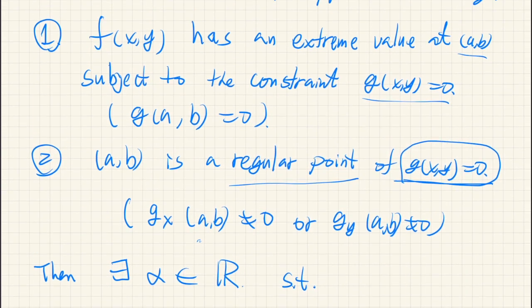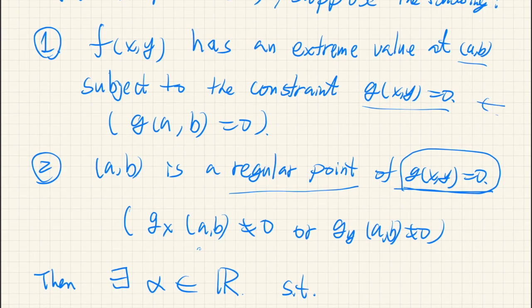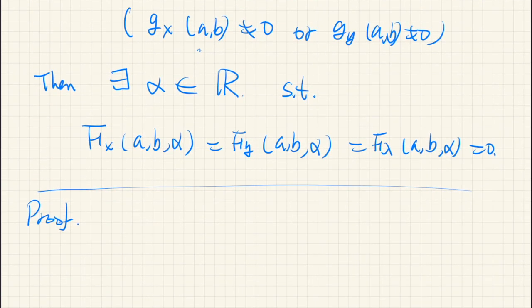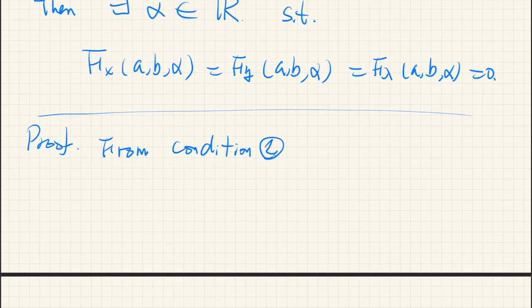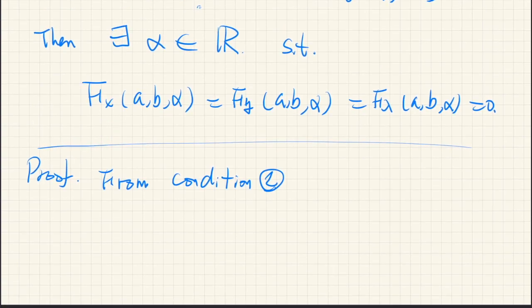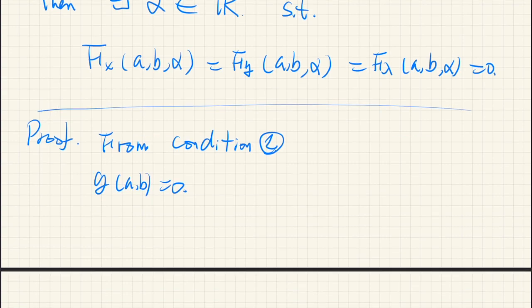First of all, from the first condition, we have g of AB is equal to 0.